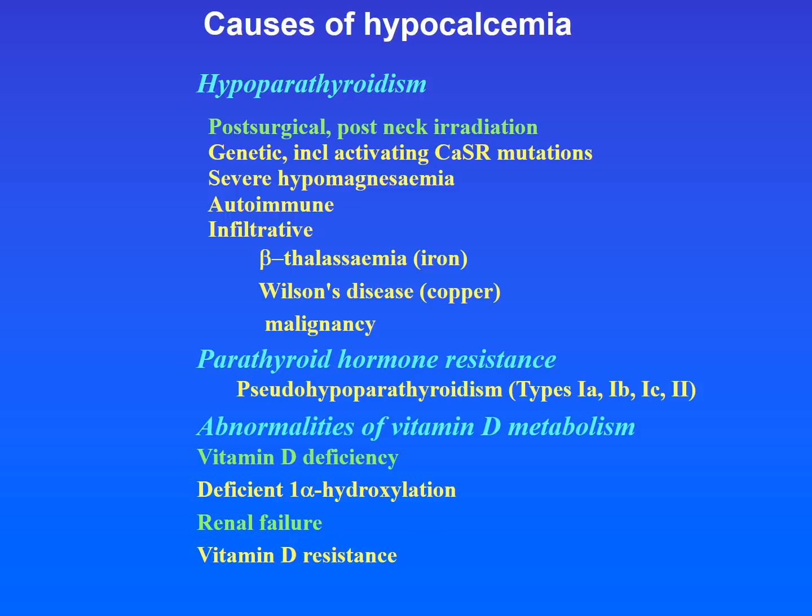Individuals with advanced renal failure have impaired ability to make the active form of vitamin D, which is 1,25 dihydroxyvitamin D, because you remember the 1-alpha hydroxylase enzyme is expressed in the kidney, and those individuals will therefore often have hypocalcemia.